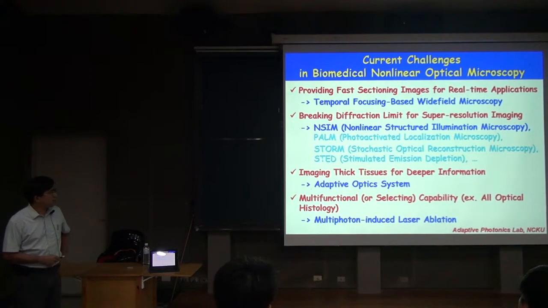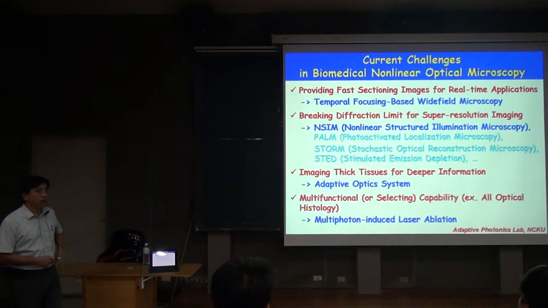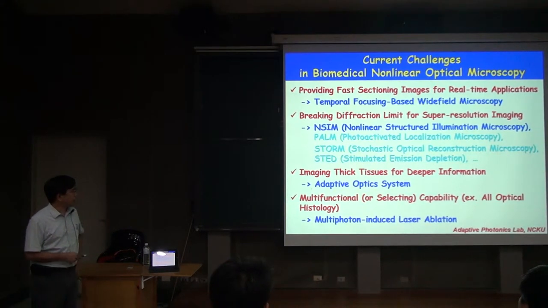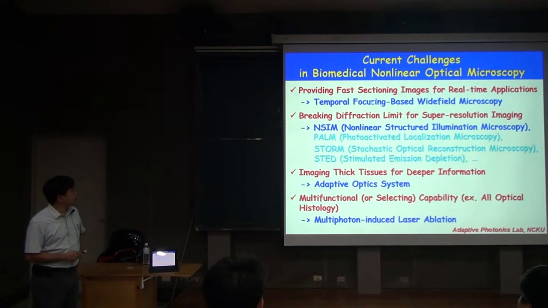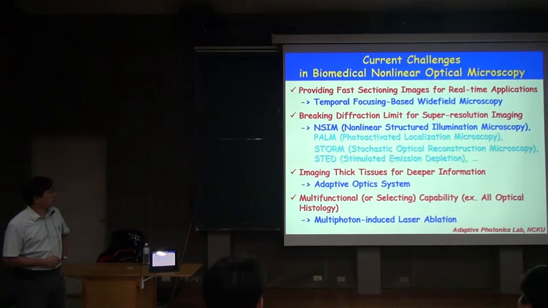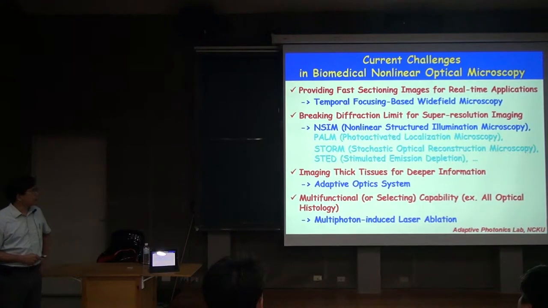For STED, it's also point by point, so you cannot get a very high frame rate for real-time application. So for STED, if people can do temporal focusing or wide-field excitation, it might make biomedical nonlinear optical microscopy more useful.